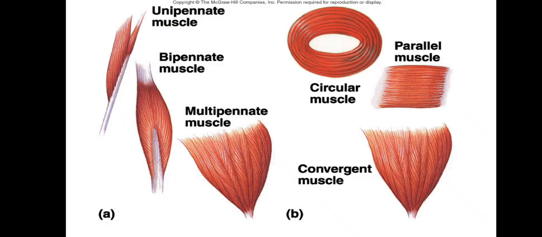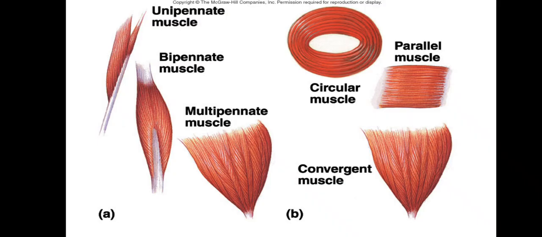Convergent muscles have a broad origin, and then they make a sharp edge as they go to the insertion region. I'm going to show you very soon, but they're very different from multipennate muscles. This and this are not the same. It's just that this picture is not really showing the actual difference, but very soon I'm going to show you. So that is what I wanted you to know there.